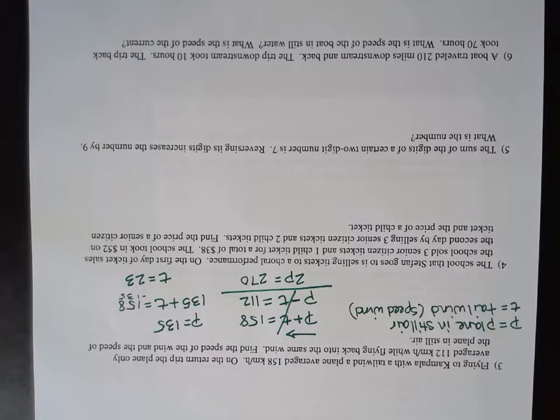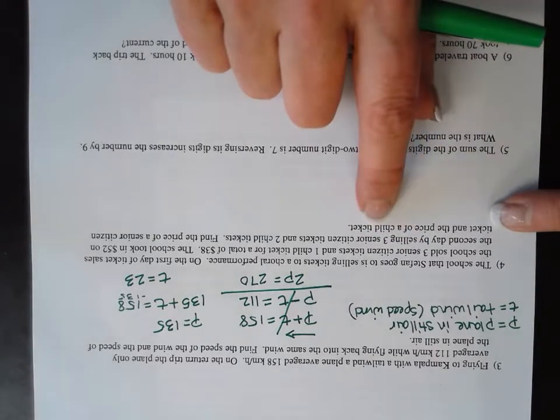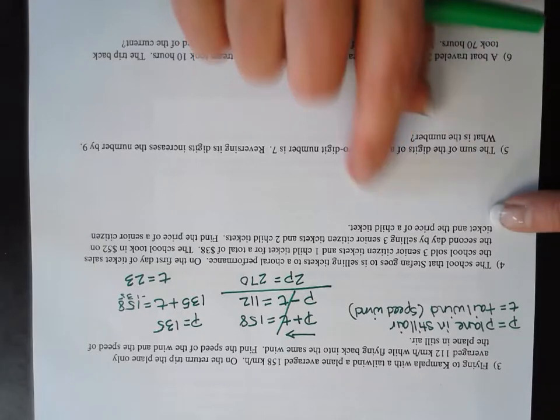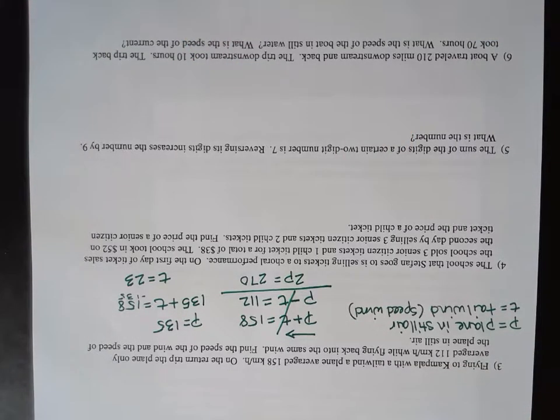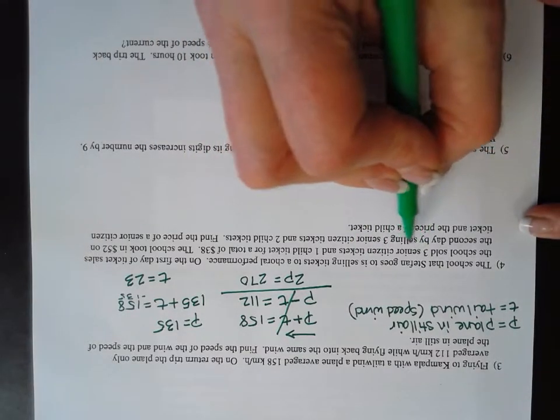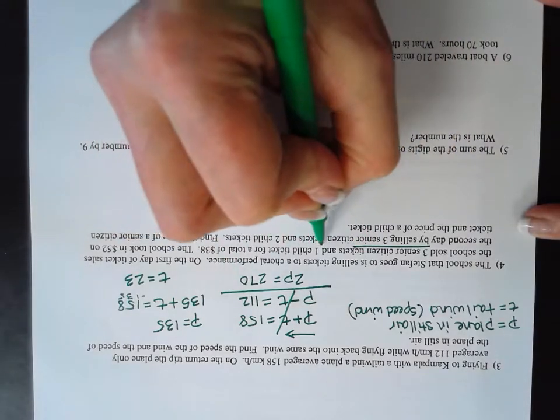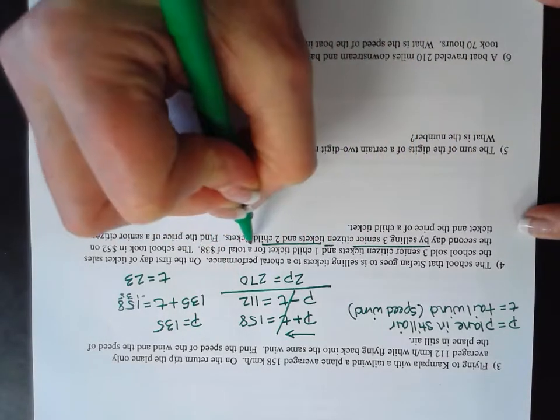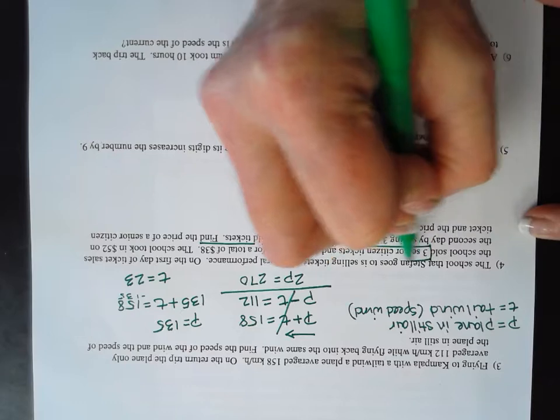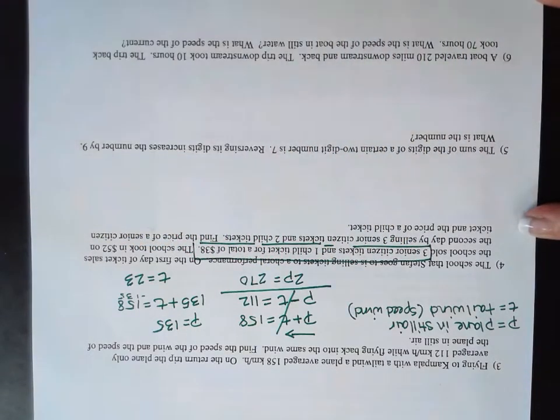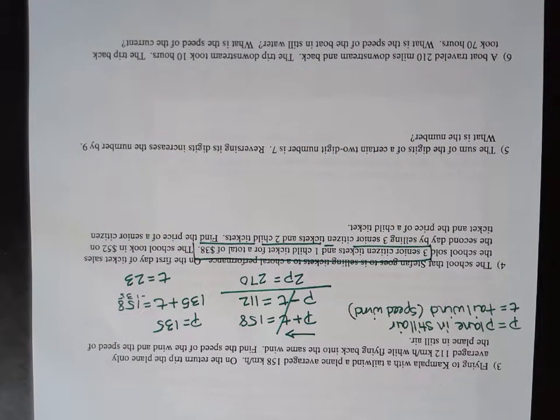The school Stefan goes to, and this is one that always seems to be on there, or something along this line. They're selling tickets to the choral performance. The first day of ticket sales, we sold 3 senior citizen tickets and a child ticket for a total of $38. Right there, that's an equation.